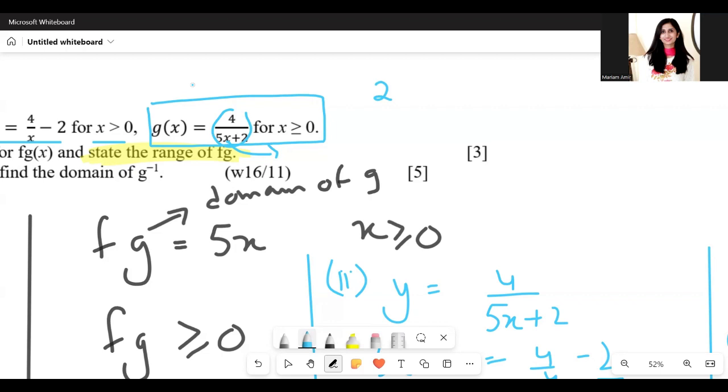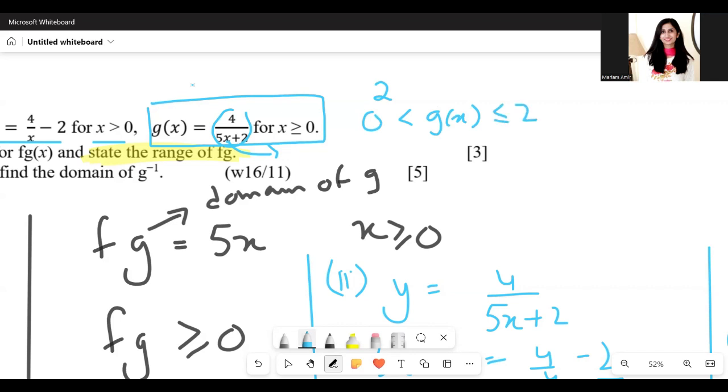It will be very close to 0. So the range of g(x) starts from 0, but it's never equal to 0, and the maximum value it's going to take is 2.